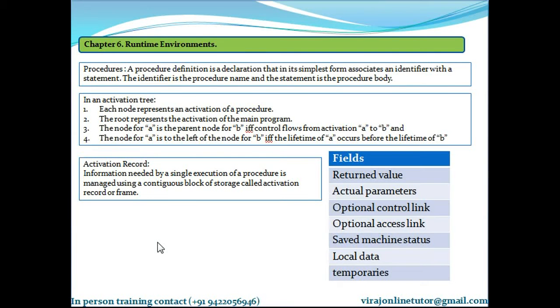A procedure call executes the procedure body. The identifiers appearing in the procedure definition are special and are called formal parameters of the procedure. Arguments, known as actual parameters, may be passed to a called procedure. They are substituted for the formals in the body.